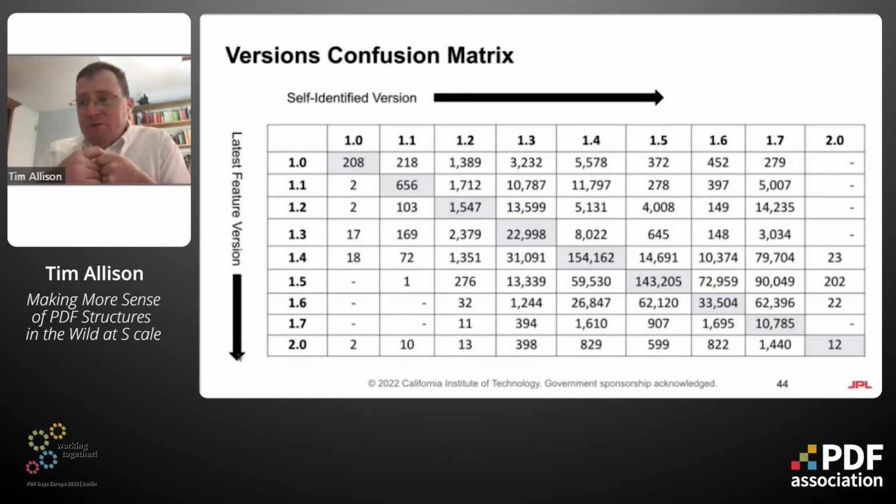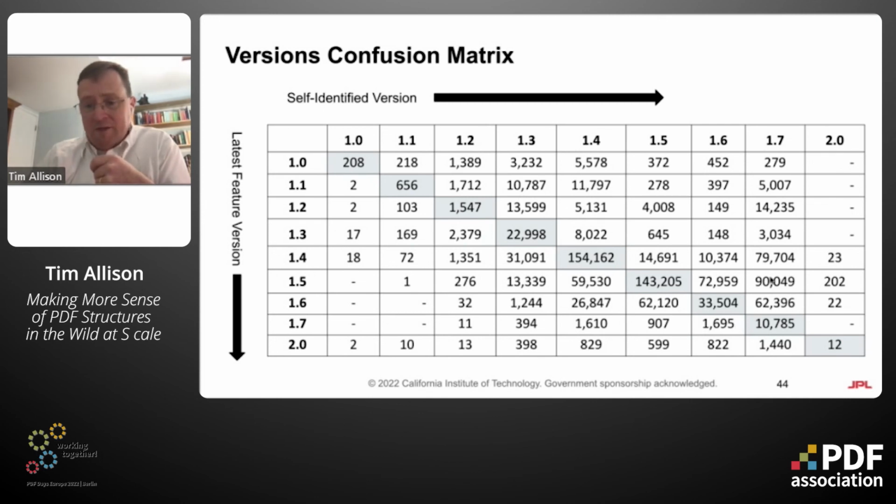So this is the confusion matrix of what the PDFs allege they are and what they actually are according to the latest feature as pulled out by the PDF version. The gray middle line is if there's an agreement between what the file alleges it is and what it actually is. So you can see that when a file says that it's 1.7 and when it's actually 1.7, that's only about 10,000 files.